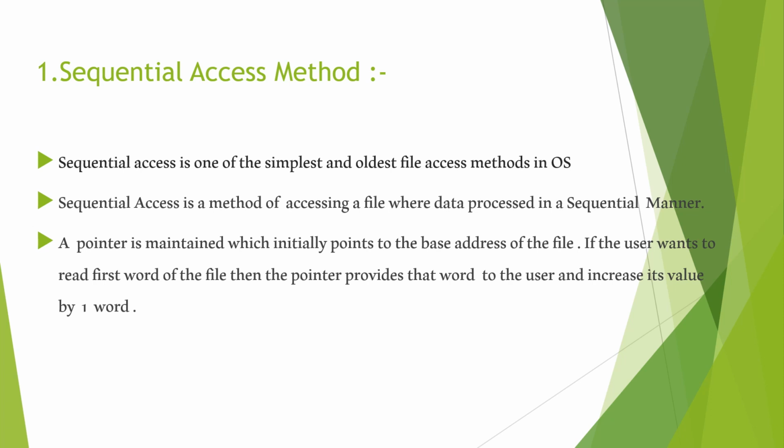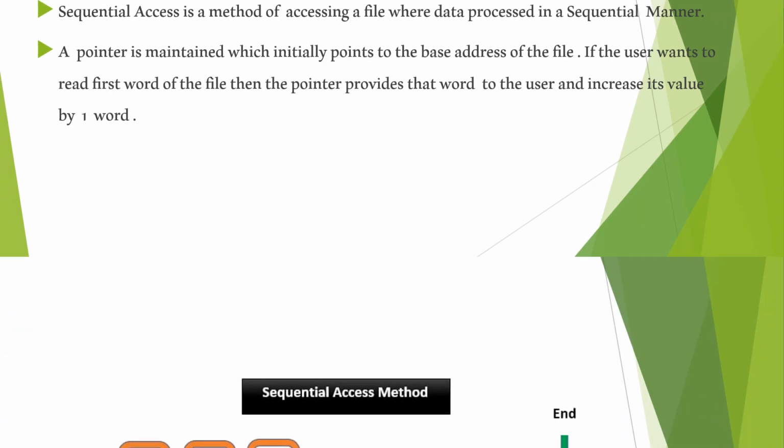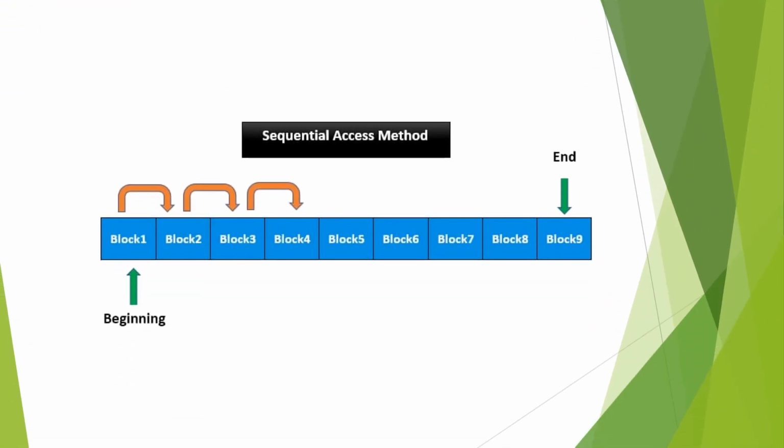Let's understand this by using the diagram. See, there are 9 blocks present in a file. Let's assume that each block contains 3 records. A pointer is maintained which initially points to the base address of the file. Suppose the user wants the record present in block 1, then the pointer provides the record to the user and increases its value by one word.